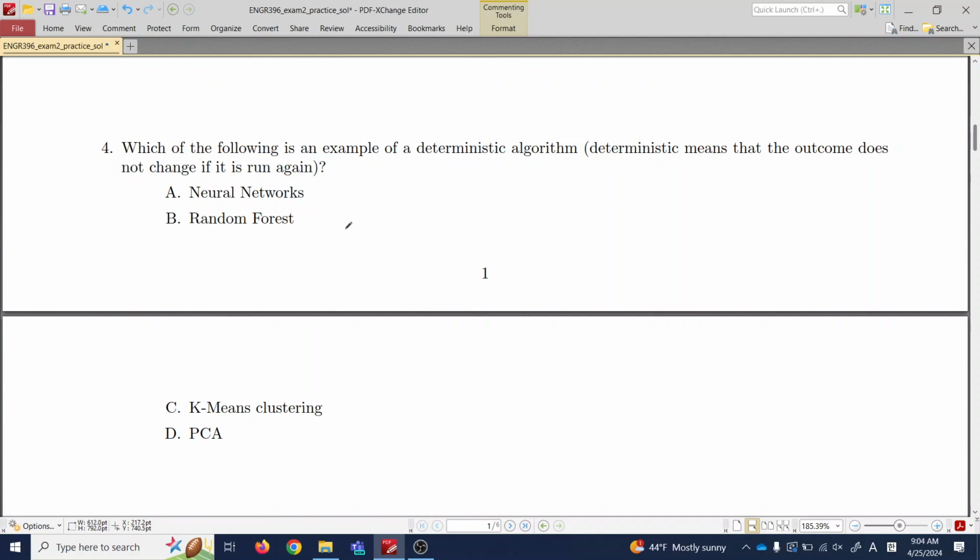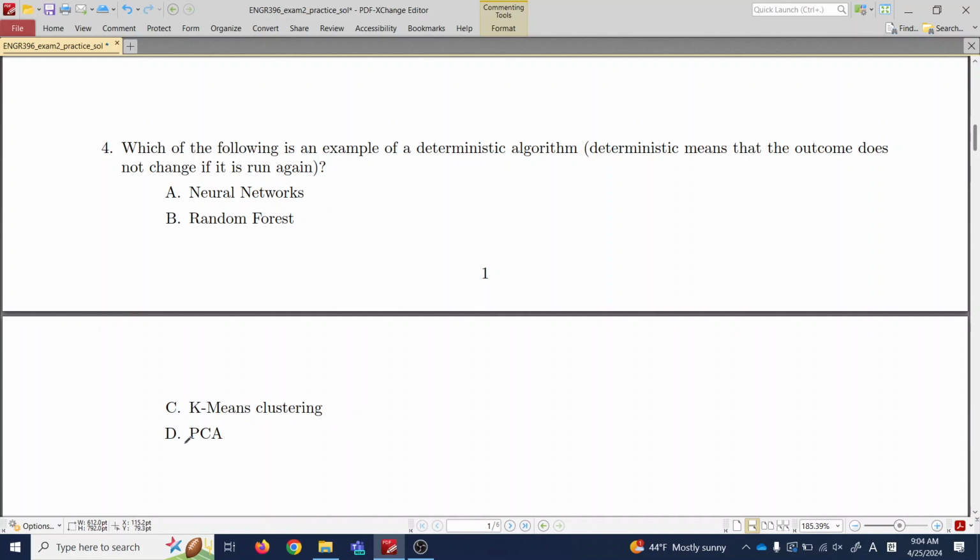And you also sample from the training set, using only a sample of it to train, which is called bootstrapping. K-means clustering starts with some randomly chosen centroids and then you start expanding from there. So it's definitely random.